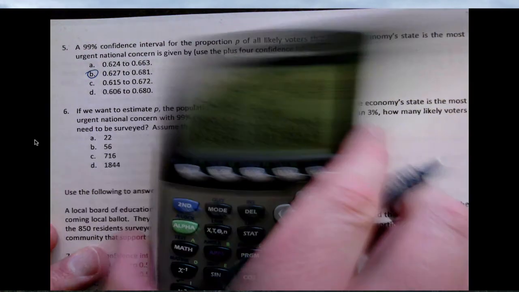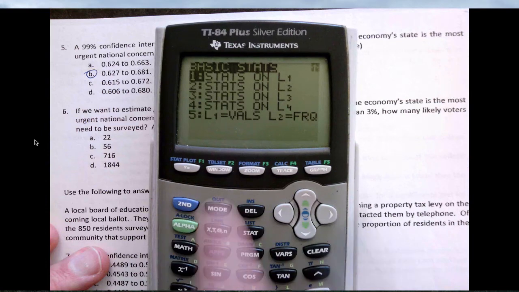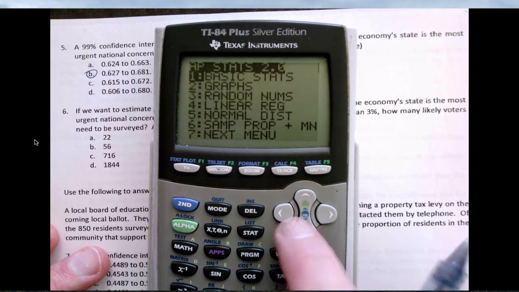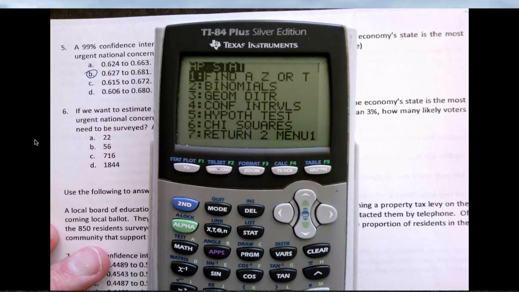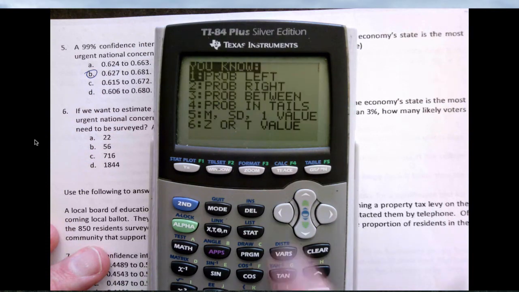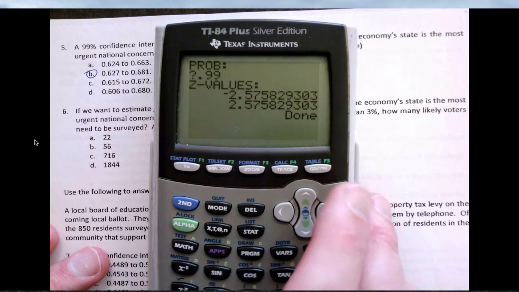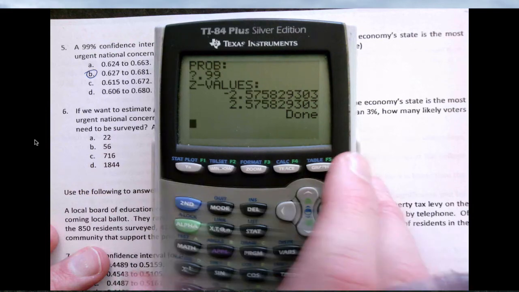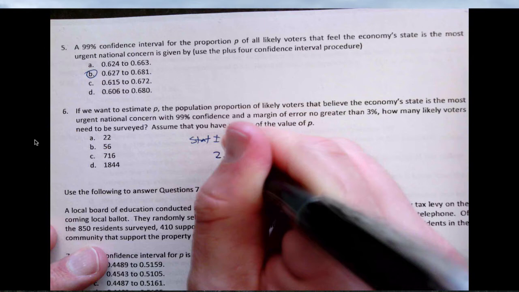So if I run the app and go to find a Z or T, I'm looking for a Z value with a probability of 0.99, and it's 2.58. So my Z value is 2.58.